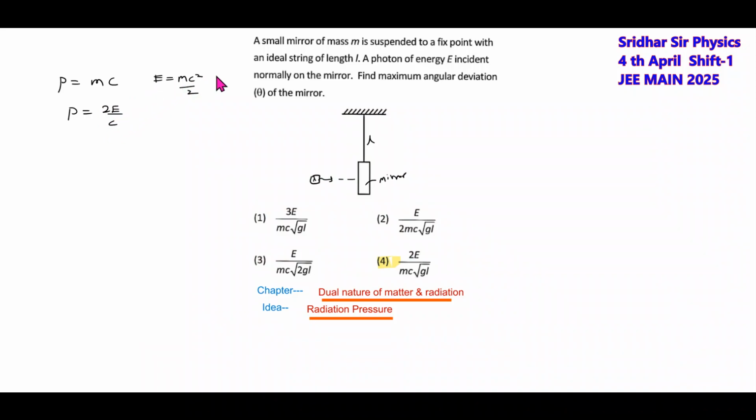This is the expression for momentum. The photon strikes the mirror normally, so the change in momentum will be 2E by c. The mirror will acquire this momentum; the momentum change of the photon will be the momentum of the mirror.